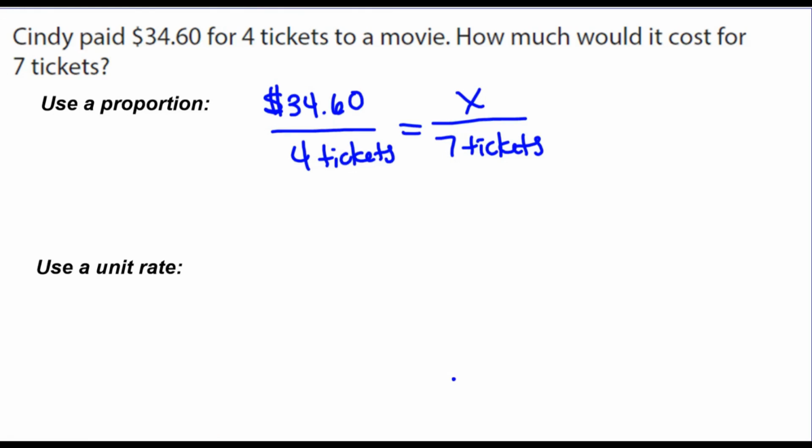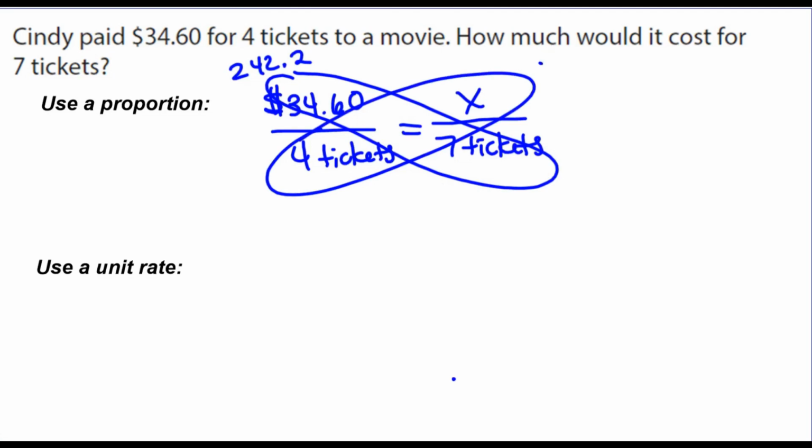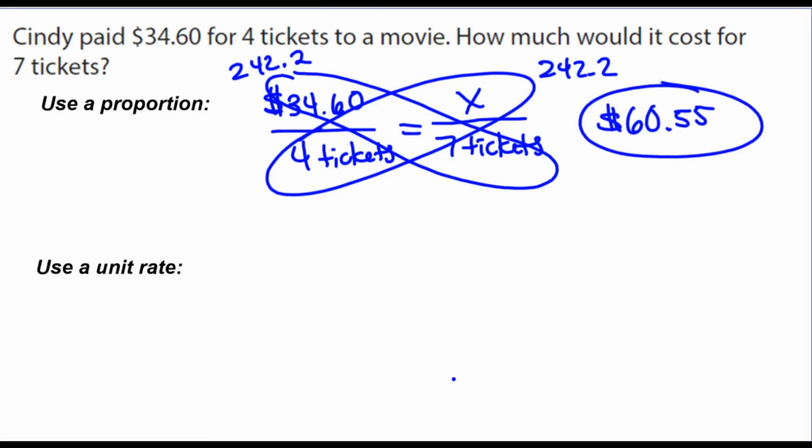So we can use the cross product to solve this. 7 times $34.60 is 242.2. So this cross product also has to be 242.2. So 242.2 divided by 4 gives me 60.55. So it would cost $60.55 for 7 tickets.